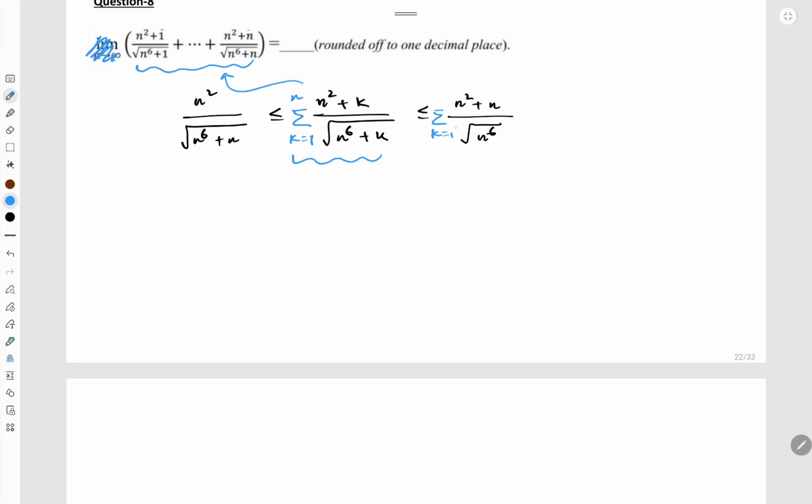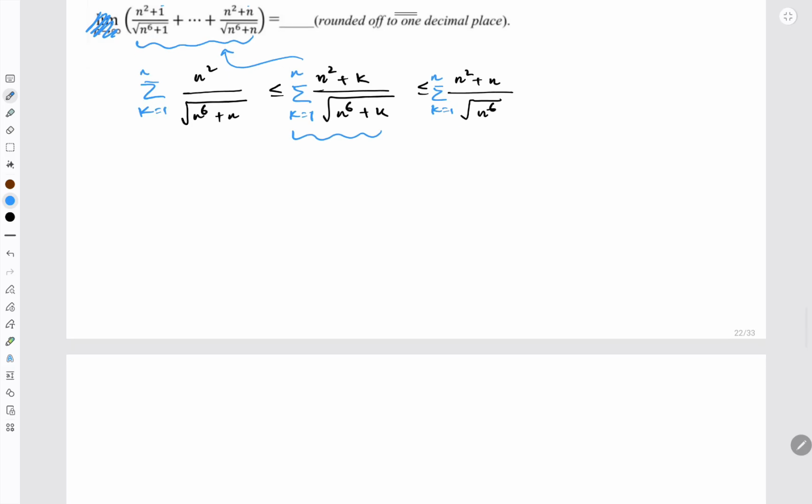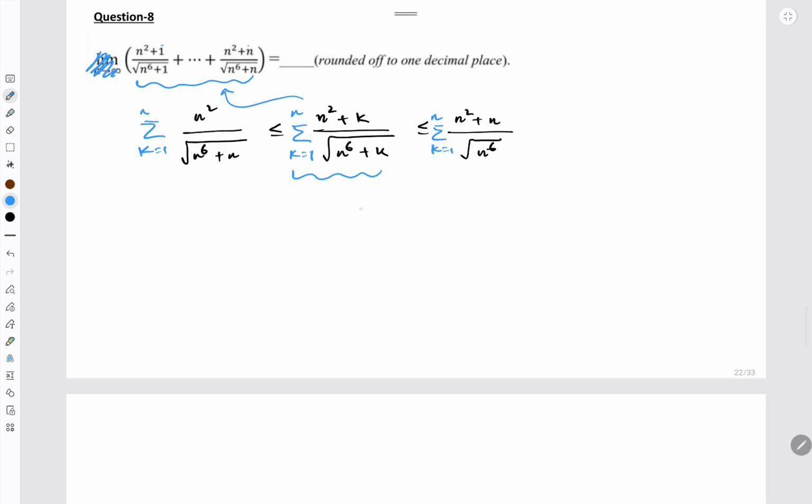So let us represent this sum by the symbol s. So s is less than or equal to, let us do this. It is nothing but n multiplied by n square plus n by under root n power 6, that is n cube, and it is nothing but n cube by n power 6 plus n, right?